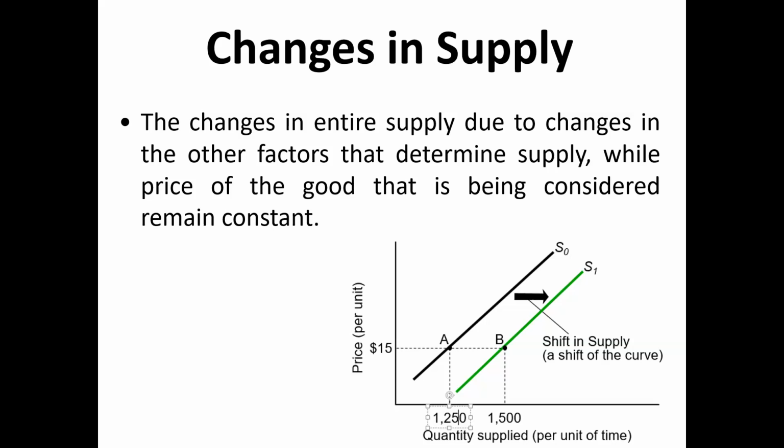When the same factors change in the opposite direction, the supply curve will shift to the left-hand side: unfavorable weather conditions, increased cost of production, a reduced number of organizations, or if the government imposes some tax.